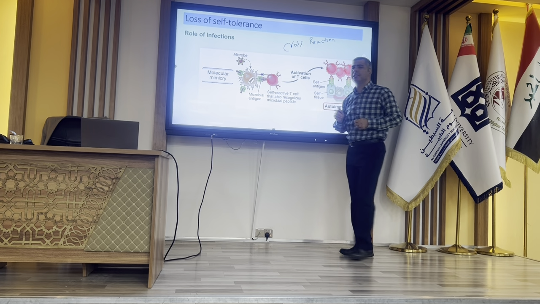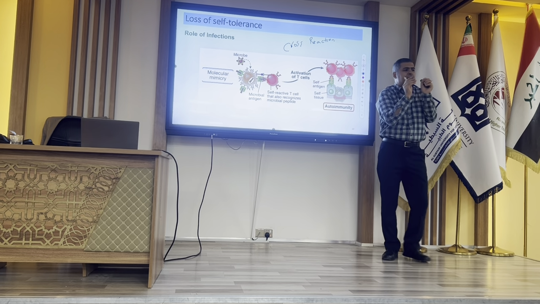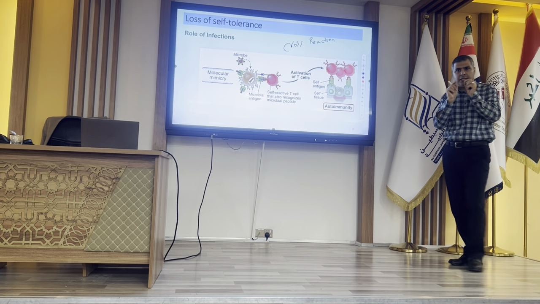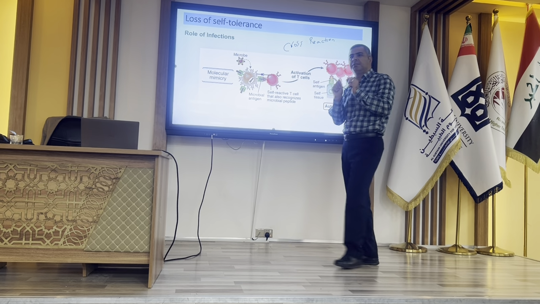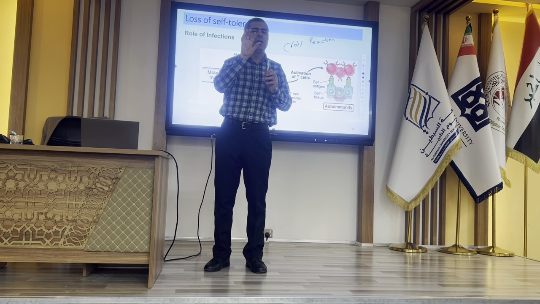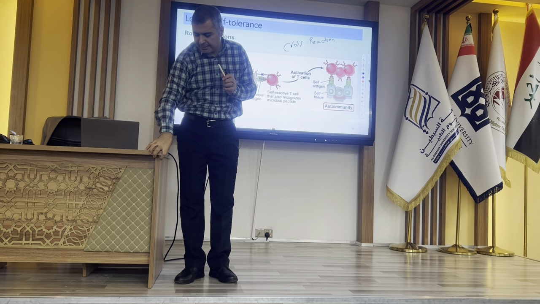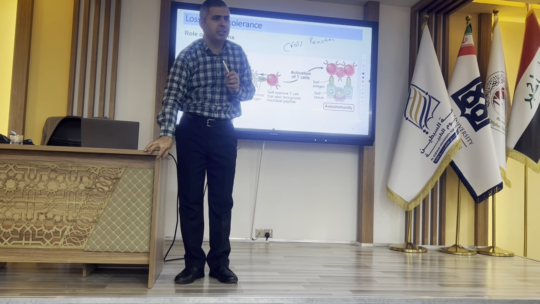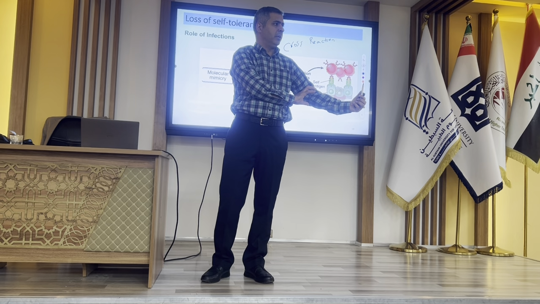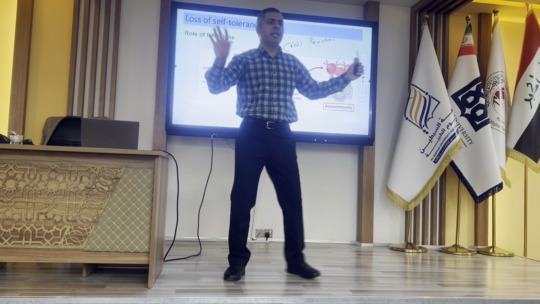Cross-reaction means that if there is similarity between the epitopes of one antigen and another, the antibody or TCR which is produced against the first antigen, as a result of similarity, can bind to the second antigen as well. It means cross-reaction. Have a look here.